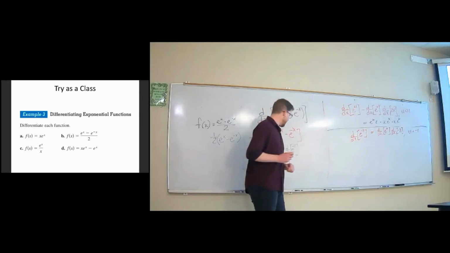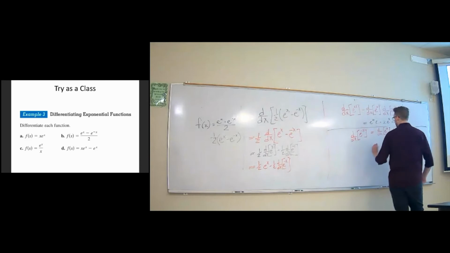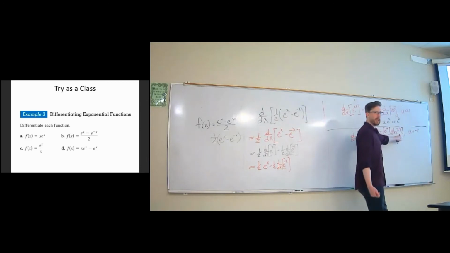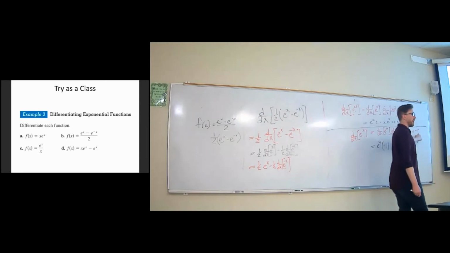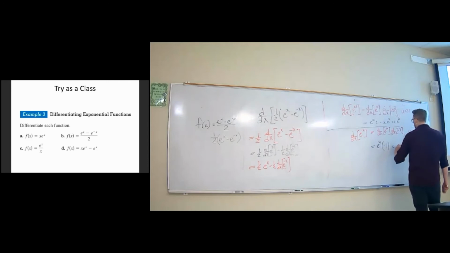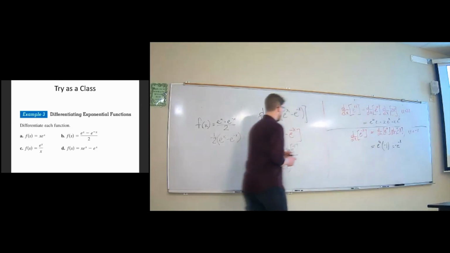So if this is the case, well, this is going to come out to be e to the u. This is just going to come out to be -1, right? But u we just said was equal to negative x. So this is e to the negative x, the negative of that. It's negative e to the negative x.